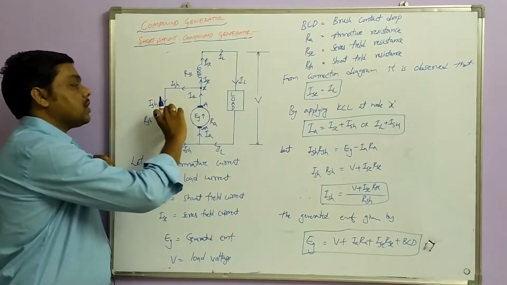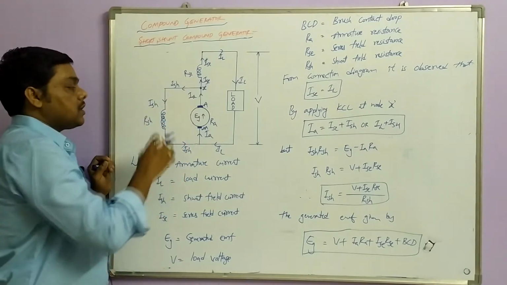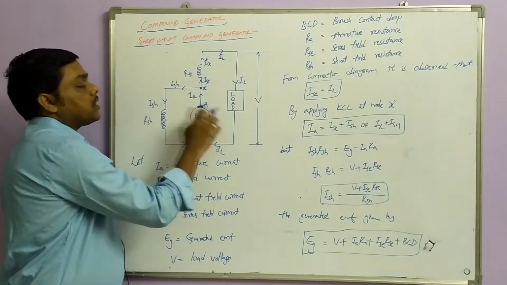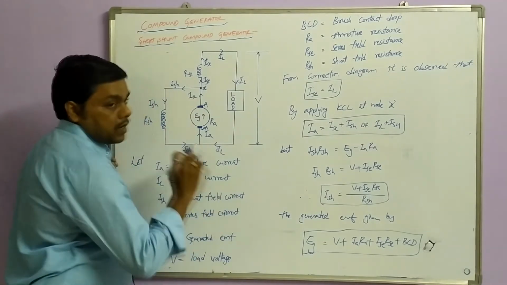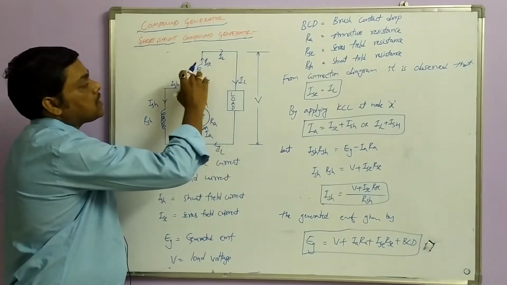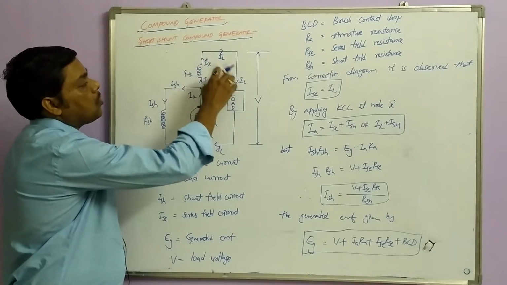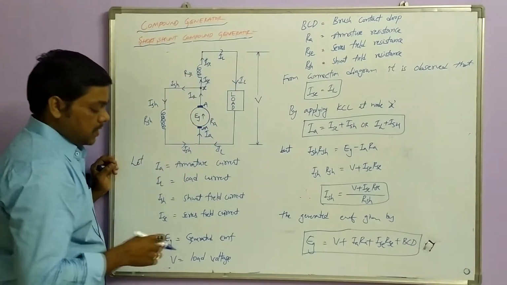Since it is connected across the armature, it is still a self-excited generator. A small current is enough to generate the EMF. So what is the small current? Shunt field current. Then ISC is the series current, where the series winding and load are both connected in series, so that we can evaluate the relation very easily.